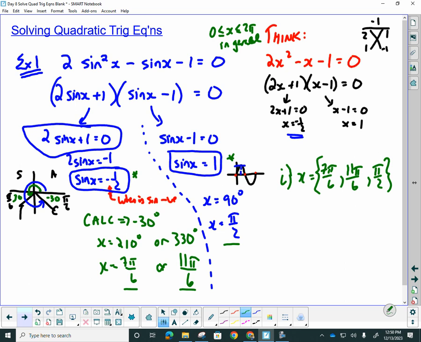And then, of course, each of these is going to repeat every 2n pi. So 7 pi over 6 plus 2n pi, 11 pi over 6 plus 2n pi, and pi over 2 plus 2n pi. There's the general statement.